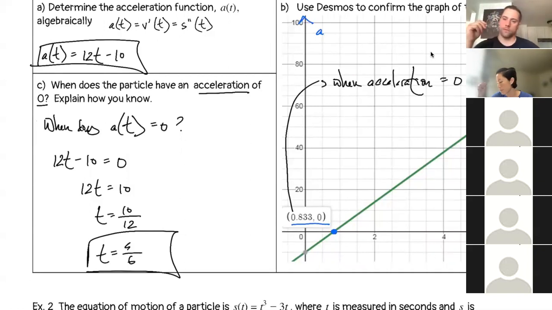How is acceleration related to velocity? Will that be like the lowest point on that previous graph? It might be. Tell me before we get there, though, how is acceleration related to velocity?